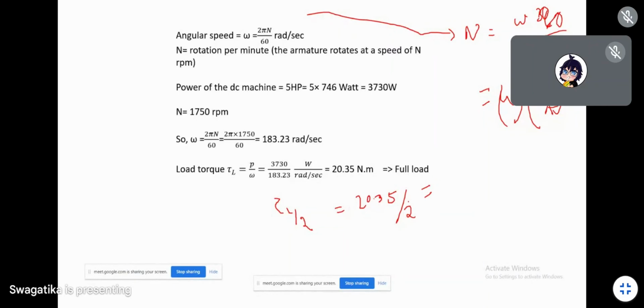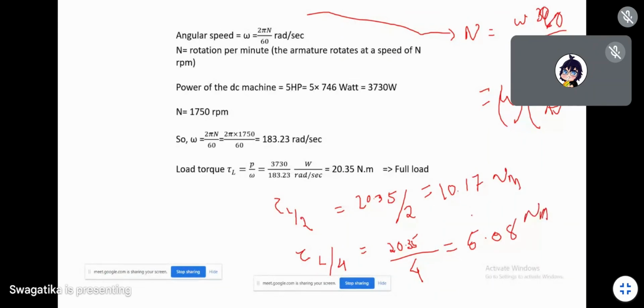That's wrong, it is 10.17. Now again for 1/4 load, tau L divided by 4, that will be 5 point something, 5.08.